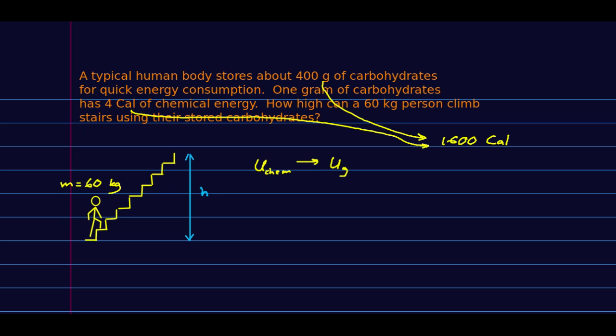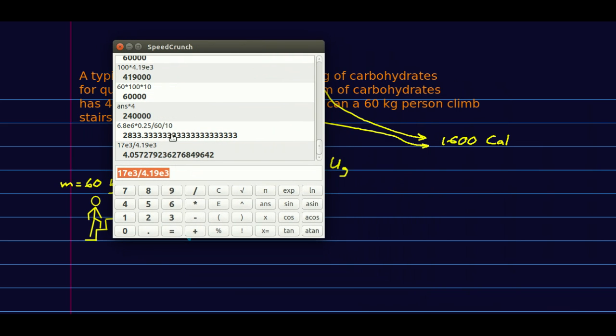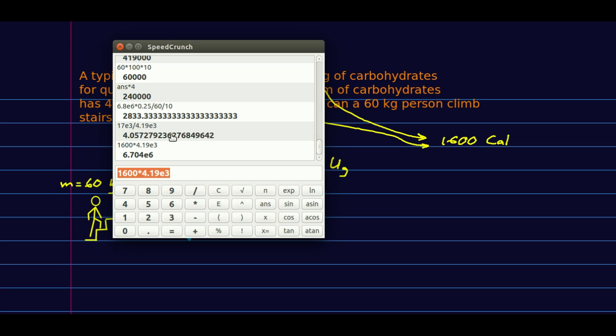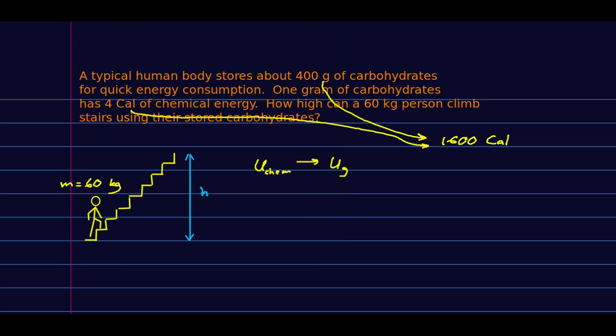And if you work that out, that is 1,600 calories times 4.19 times 10 to the 3, so 6.7 million joules, 6.7 times 10 to the 6 joules. That's how much energy you likely have stored as carbohydrates in your body.